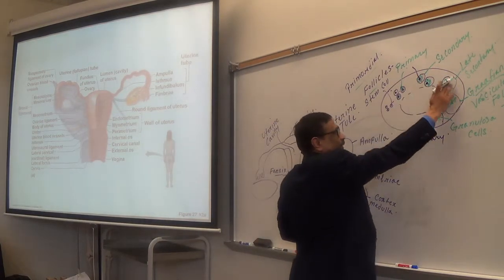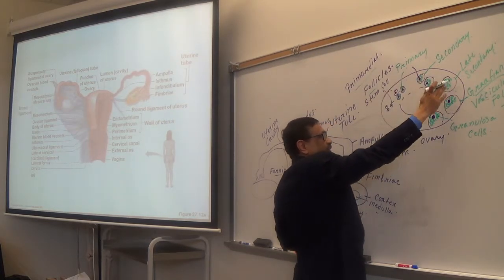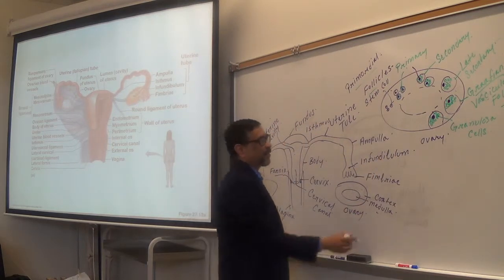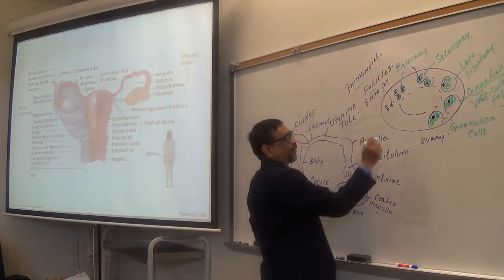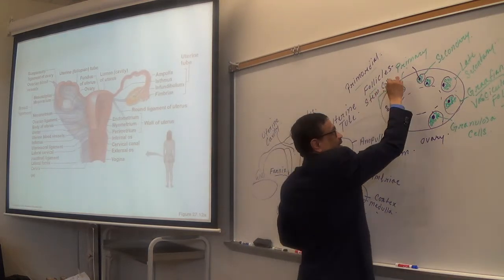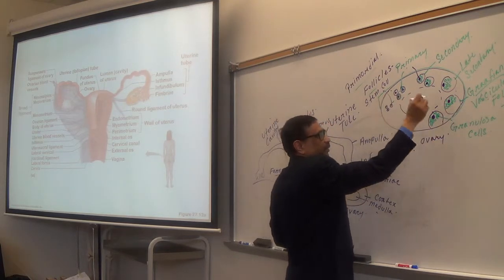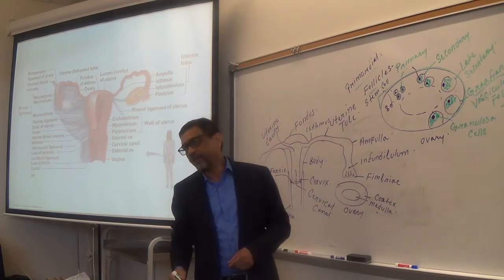So this is how the follicles go through different stages of maturation and become the Graafian follicle. And this part takes about 14 days from primordial to Graafian. How long? 14 days.